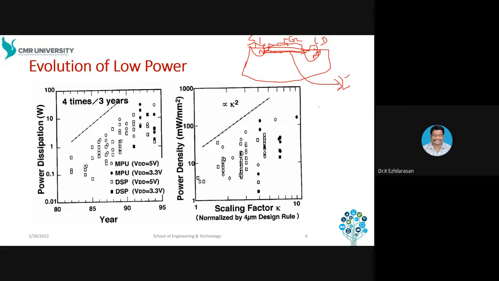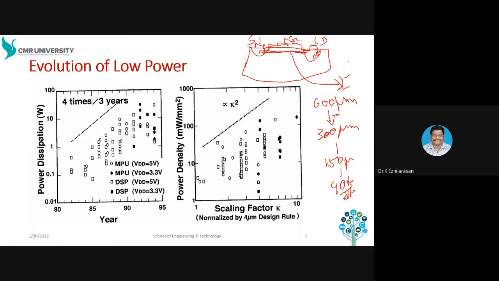For example, if the length of the channel is 600 micrometer, next it was brought down to 300 micrometer. Next it came to 150 micrometer, then 90 micrometer, then 60 micrometer, then 45 micrometer.